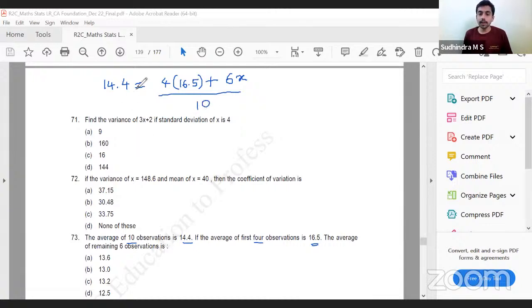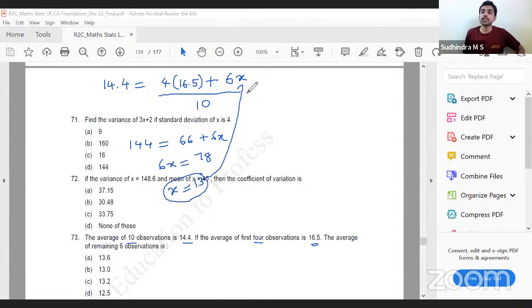So cross multiply, 14.4 into 10 is 144. 16.5 into 4 is 66 plus 6x. 6x is equal to 144 minus 66, we get 78. So x is 78 by 6, which is 13. Therefore, average of the second set is 13.